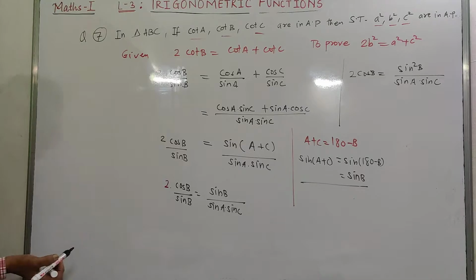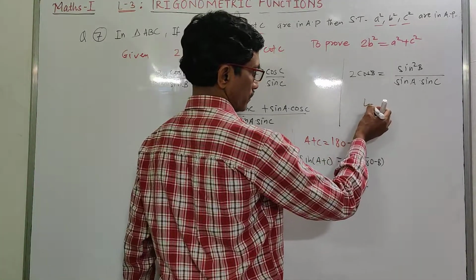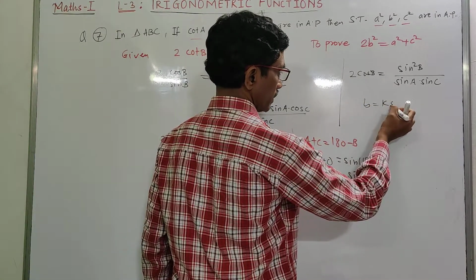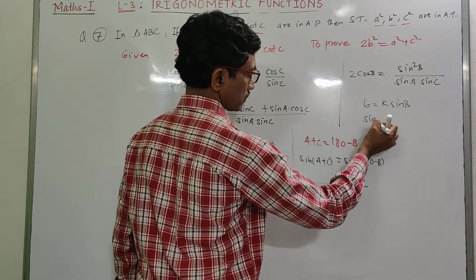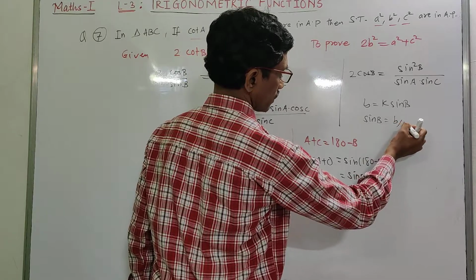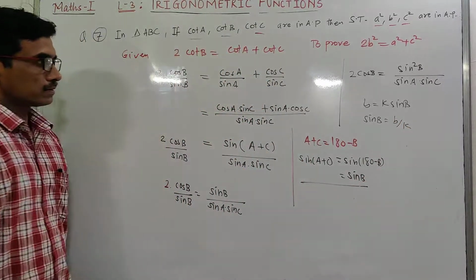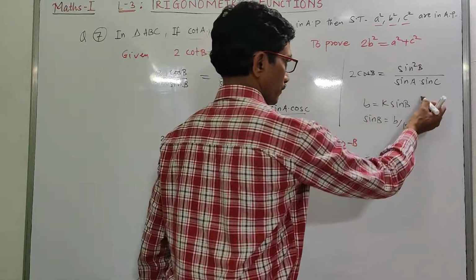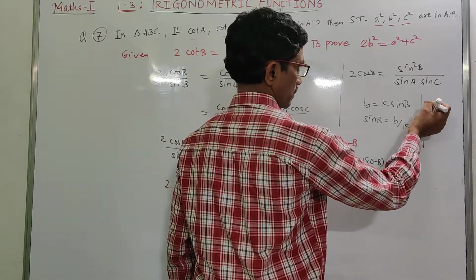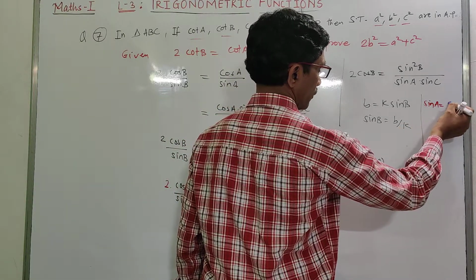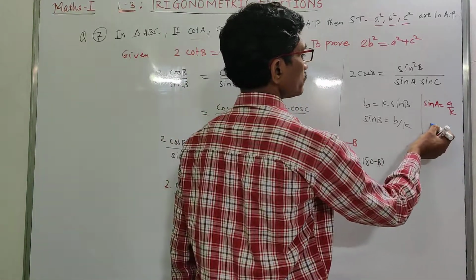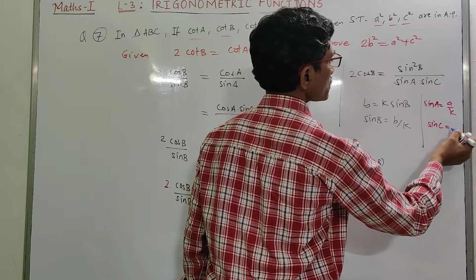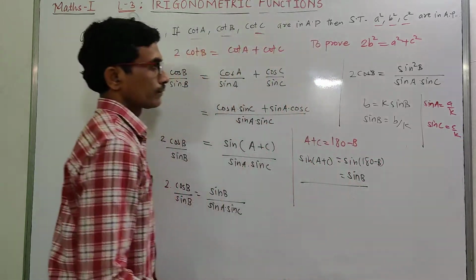Sine rule is this: A upon sin A is equal to B upon sin B is equal to K, that means sin B is equal to B upon K, sin A is equal to A upon K, and sin C is equal to C upon K.